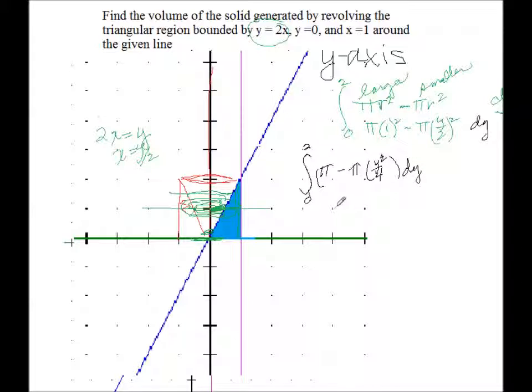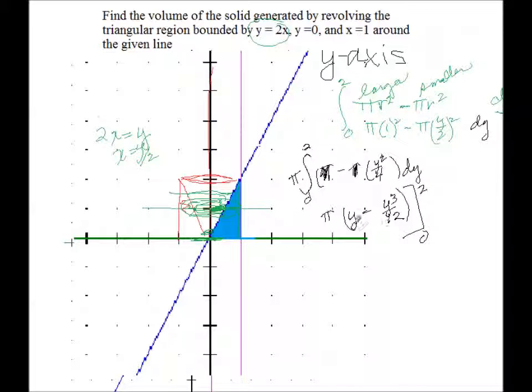And if we integrate that, let's take the pi completely out here, because then that would make this a 1 and this a 1. So we would get pi times 1 dy would be y minus y cubed over 12, with the pi multiplying both of those, evaluated from 0 to 2.